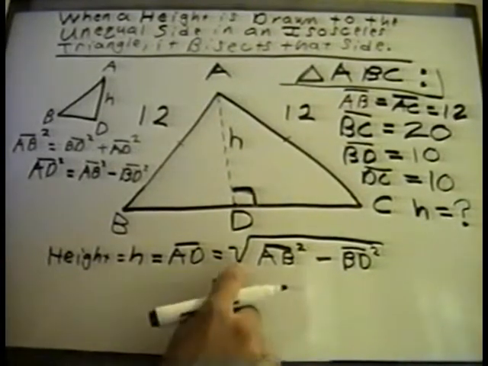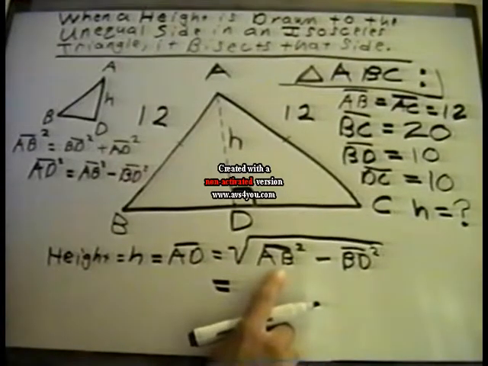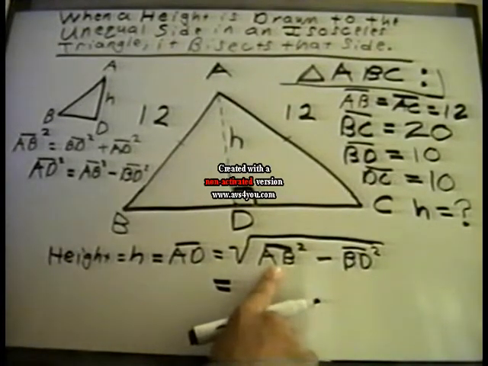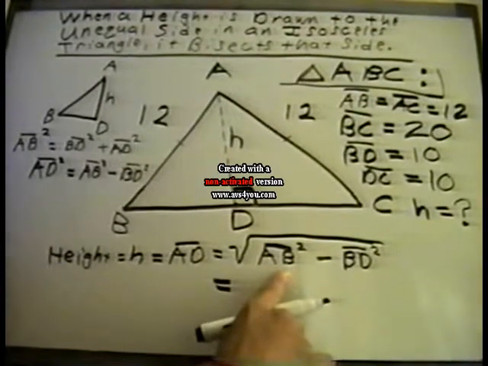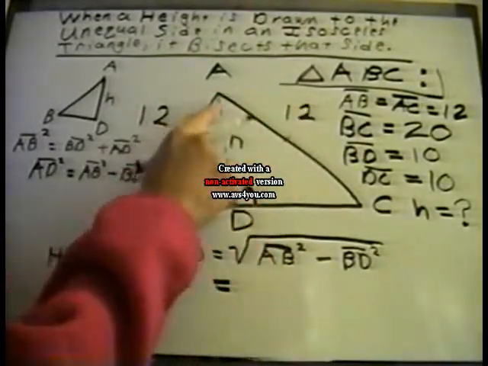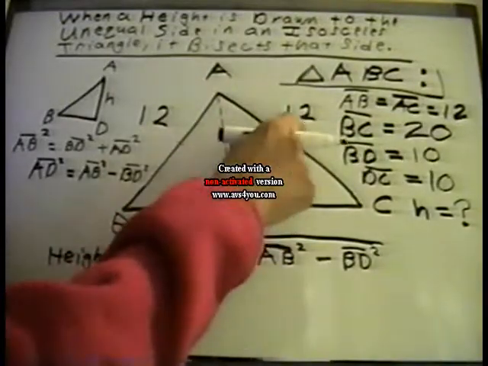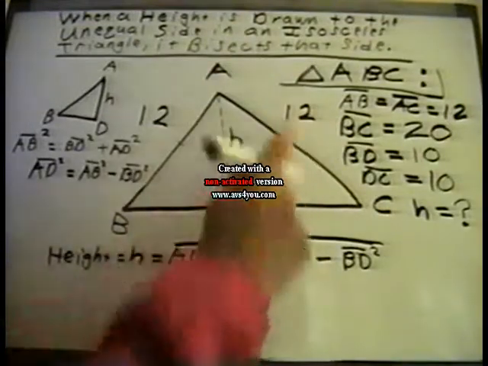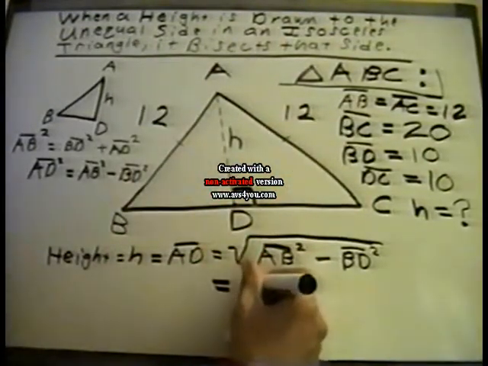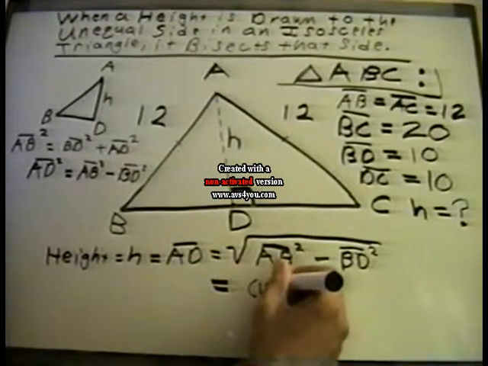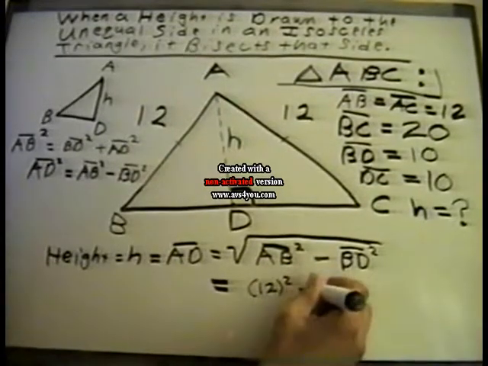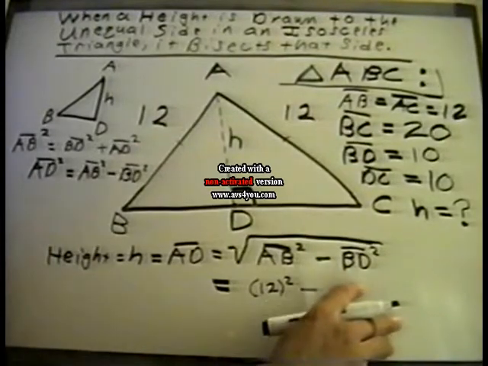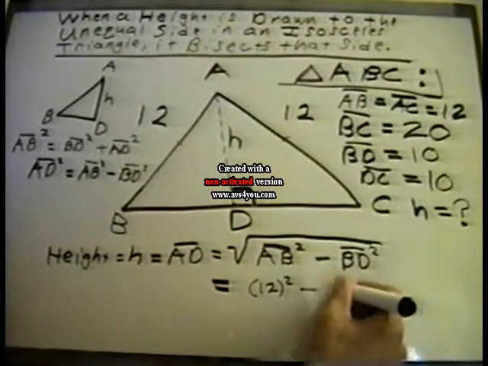So substituting our values in for the variables, or the line segments, we have AB, you know, that's equal to 12. AB or AC, this side of the triangle, the hypotenuse, is equal to 12, so we say that's 12 squared, minus the square of BD, which is 10 squared.